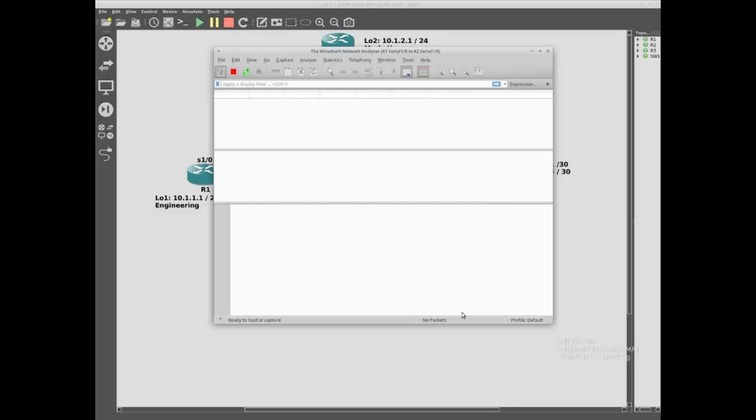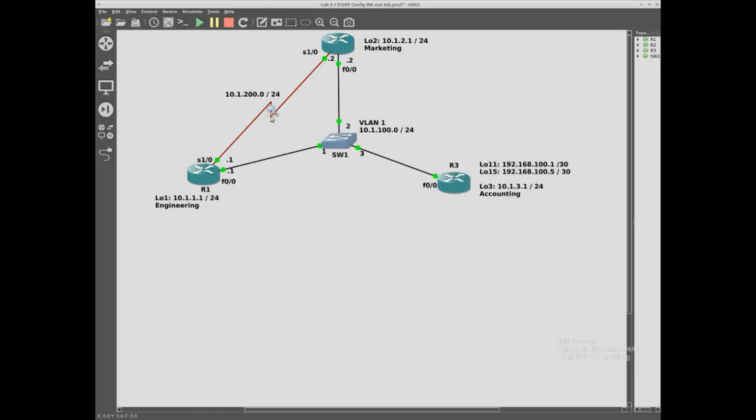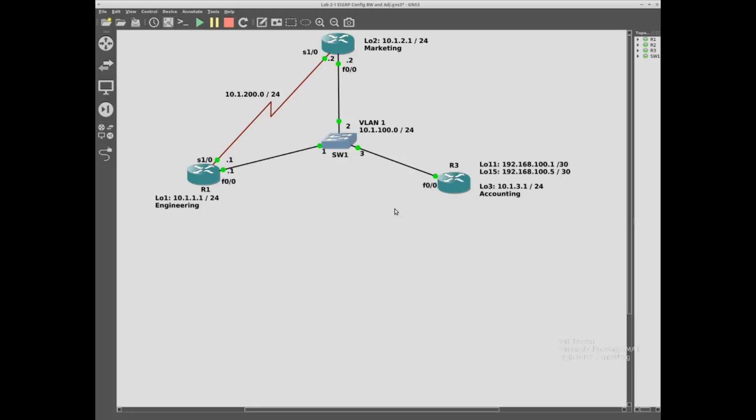Did Wireshark not come up? Let's try it again. Stop capture. Start capture, serial HDLC, router 1, and go back over here.